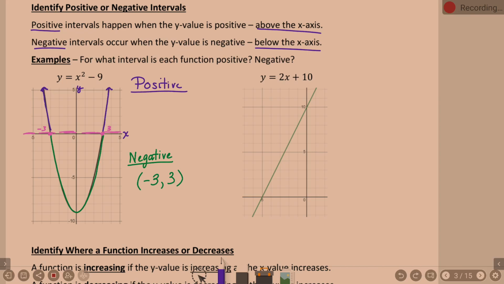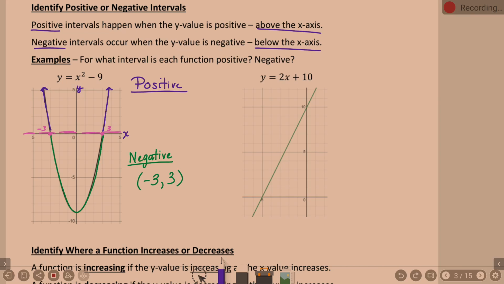When is my graph positive? So, what would you say about this section over here? When is that positive? That's positive what? Before we get to negative 3, what kind of numbers are below negative 3? Negative 4, negative 5, negative 6.